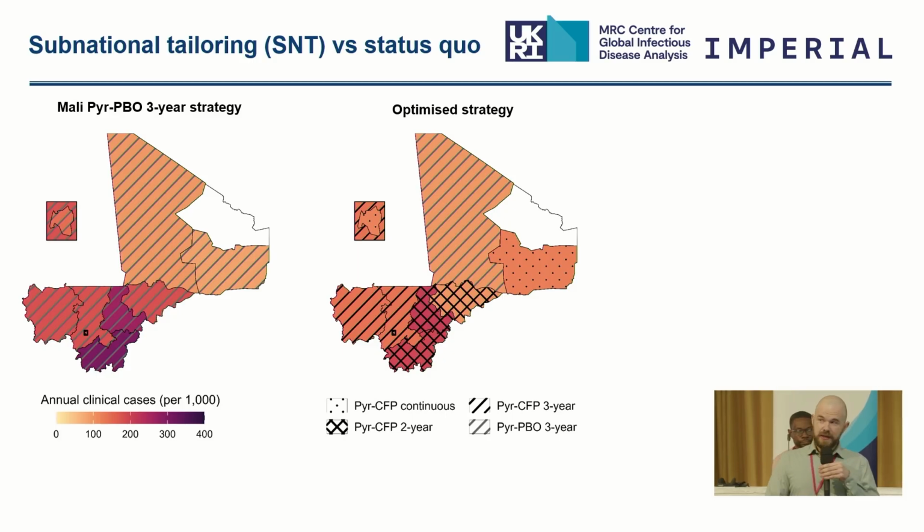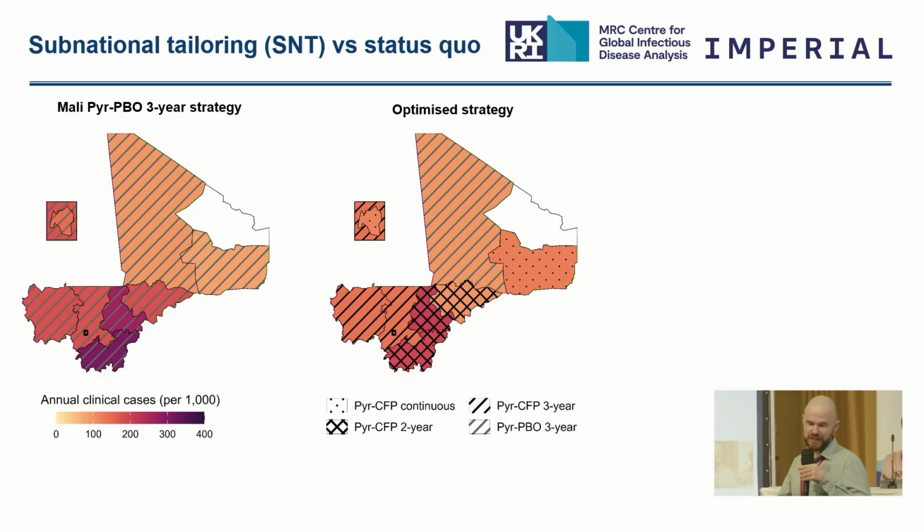What we've then done is some work to efficiently estimate what would be the most optimal strategy given a selection of different options that are available to us, and we're trying to optimize this for the same budget.